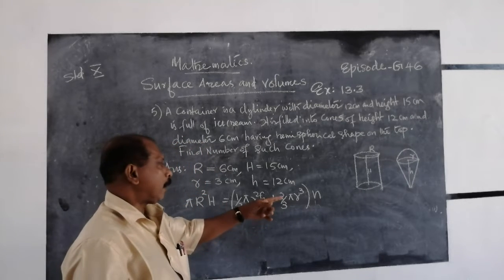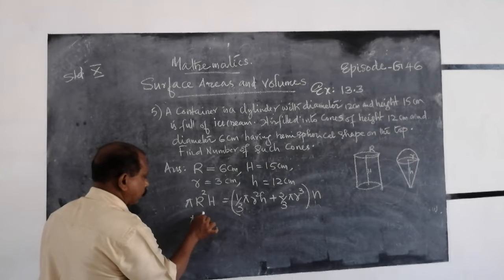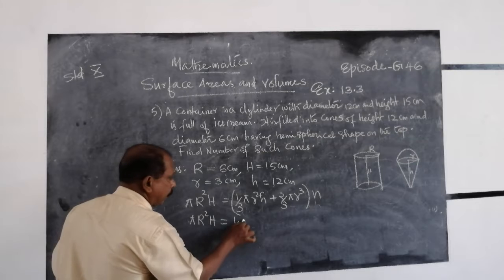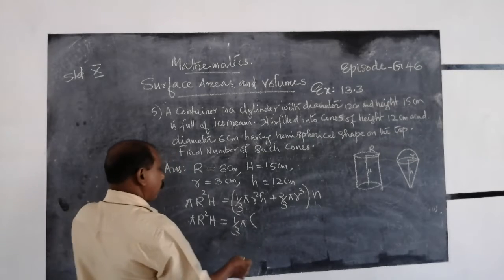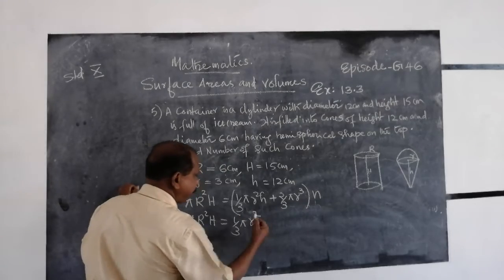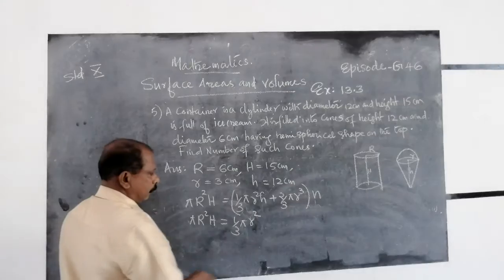That is, we can find out the N. Pi is common, 1 by 3 pi r square is common.